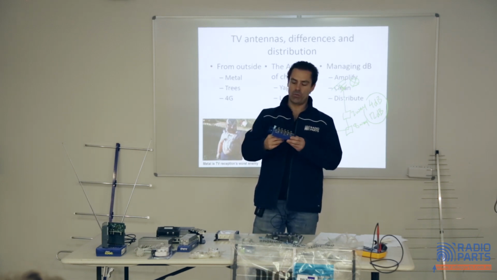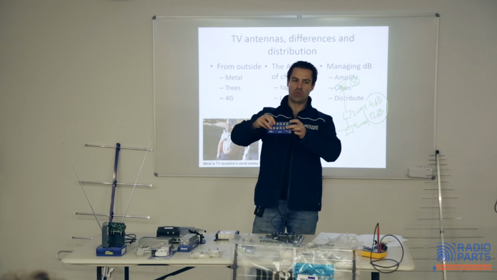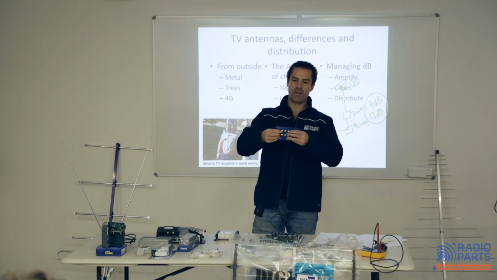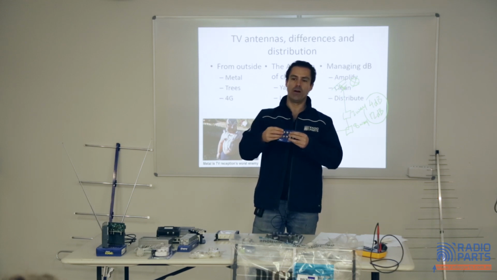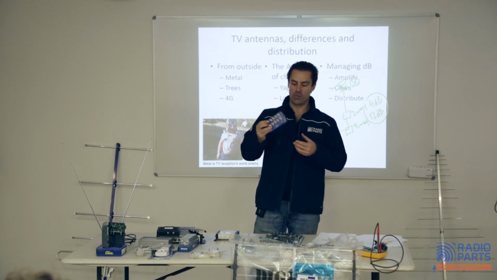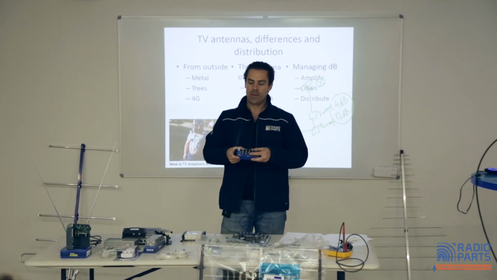This one has an 8 out, and you've got a couple of inputs, one for TV, one for auxiliary and one for, say, a modulator. The interesting thing about this splitter is that you'll lose 20 dB in it, but it has an inbuilt amplifier of 20 dB. So when you're designing a job, the beauty of this one is you don't really need to account for those losses because it adds what it loses.